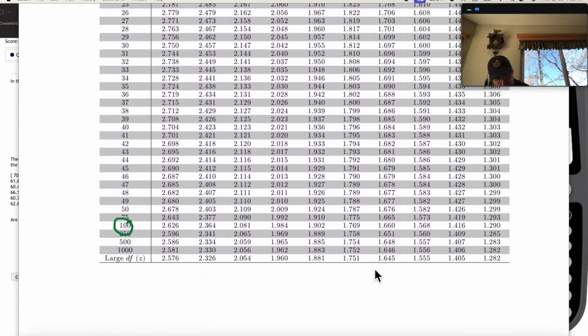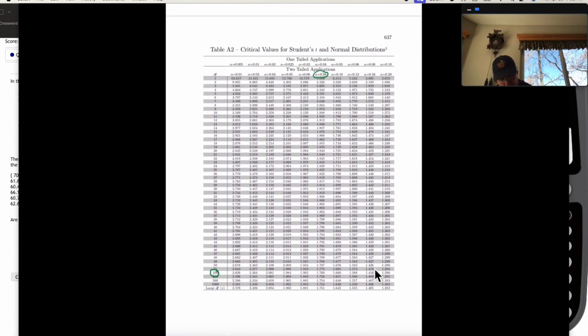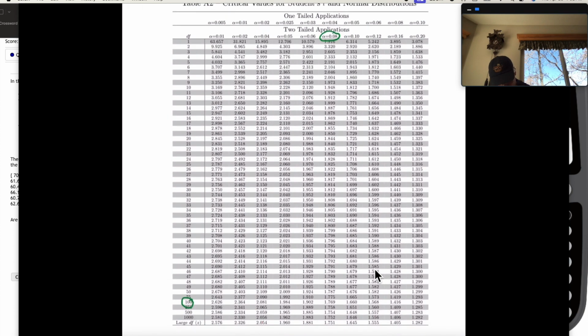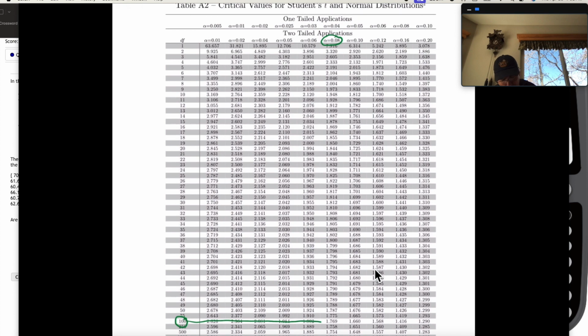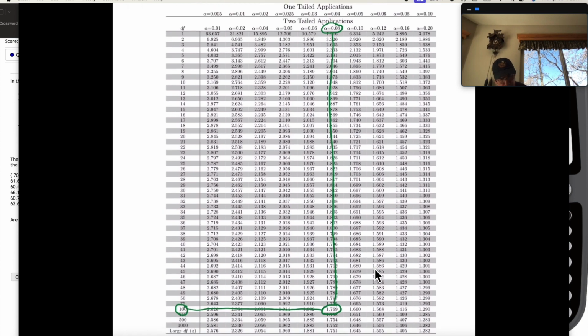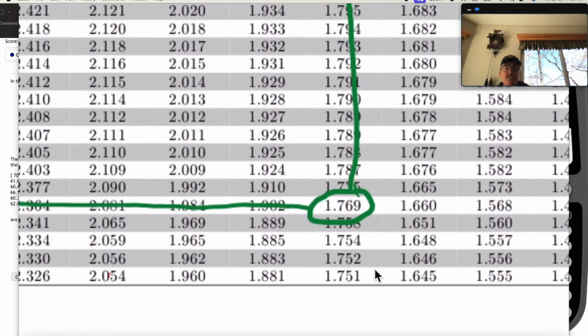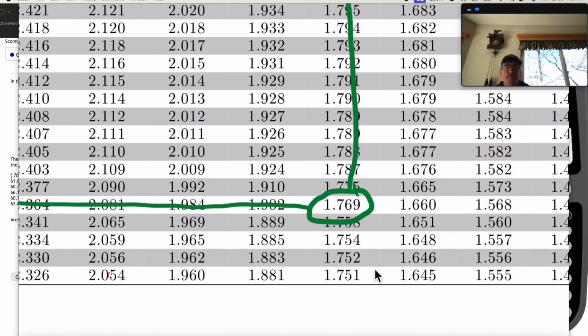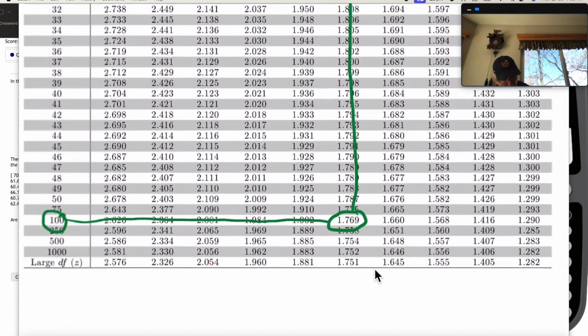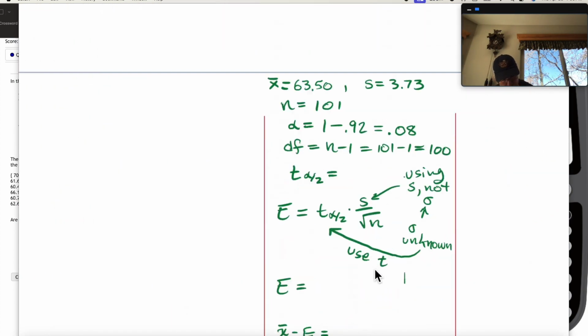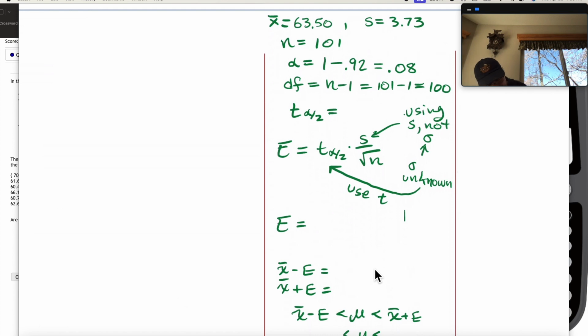And I think I'll just kind of zoom out. So it looks like we've got our number here, 1.769. Okay, so put that in right here.